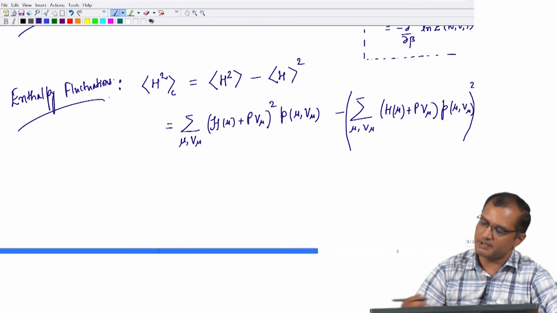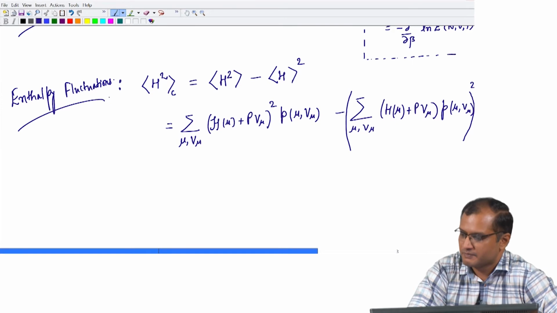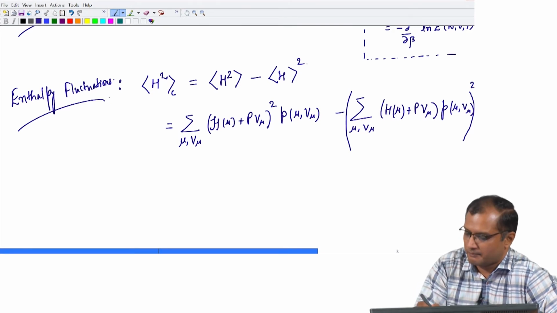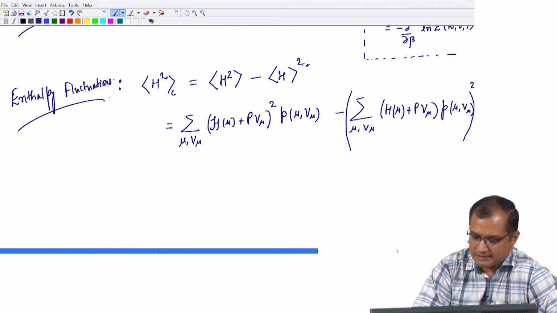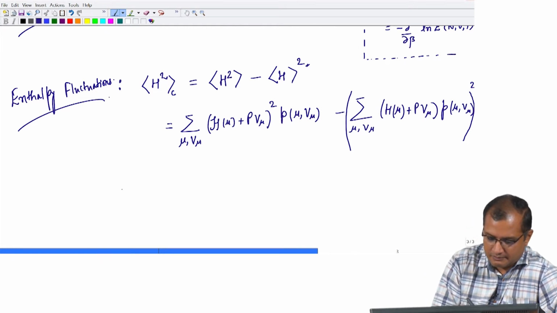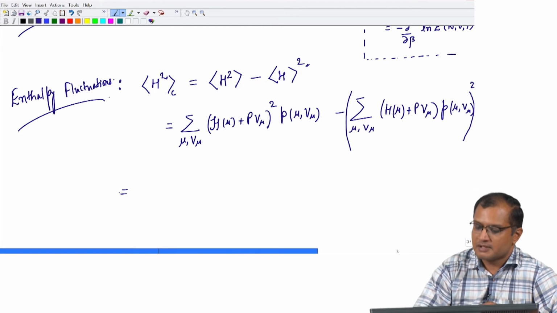The quantity inside the bracket is the average enthalpy, the outside square is this square.